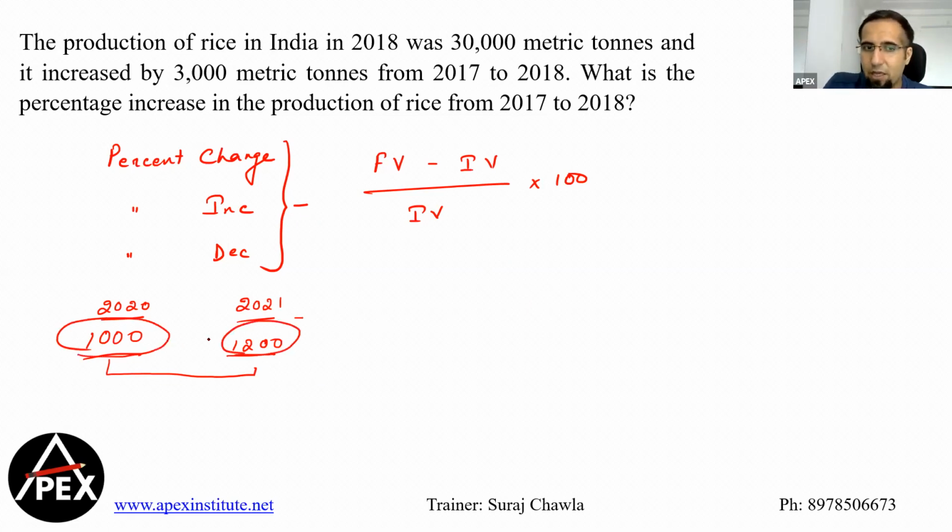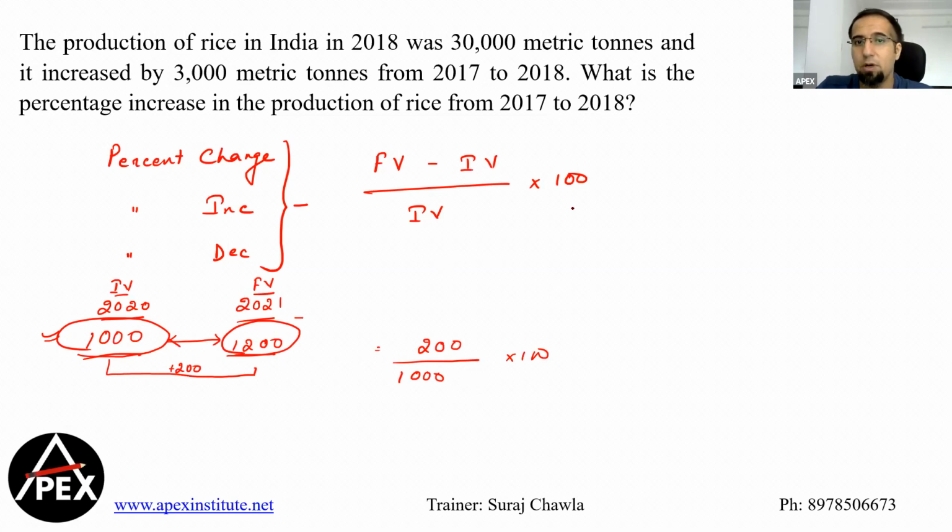So can I say the population of your college increased by 200? 200 as compared to 1,000, there was an increase of 200, multiplied by 100. Or in short, this is my initial value and this is my final value. So final minus initial by initial into 100.